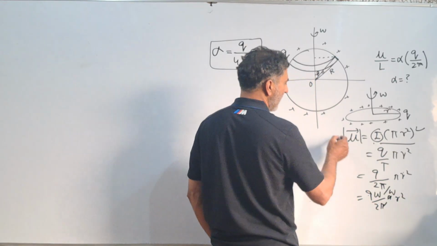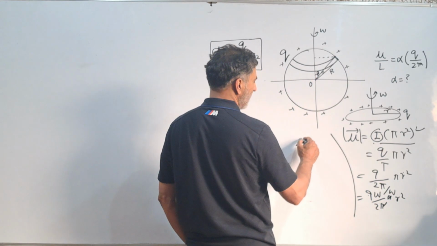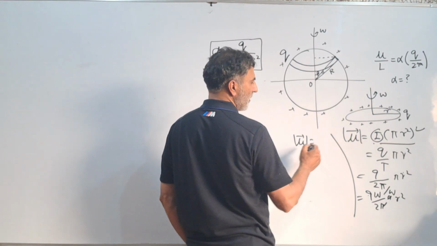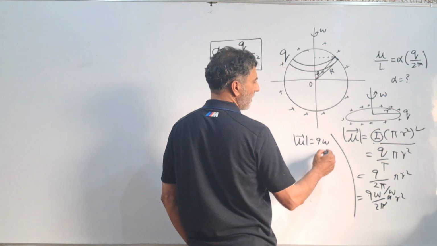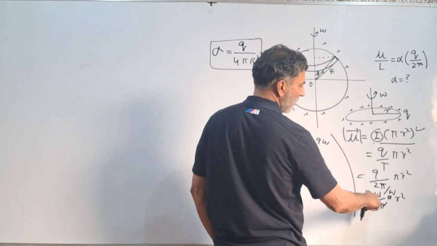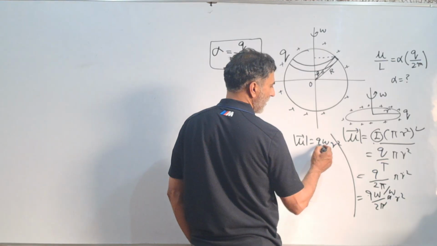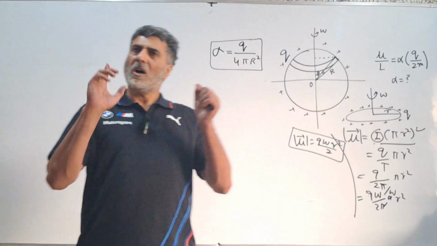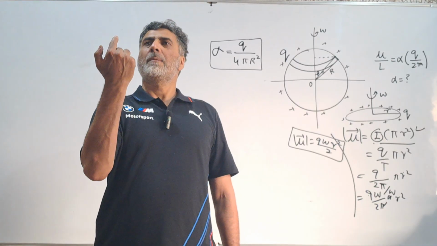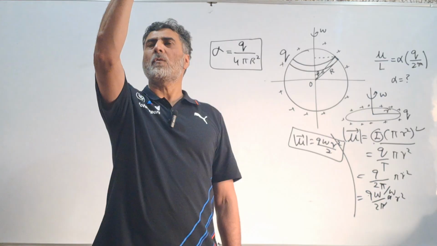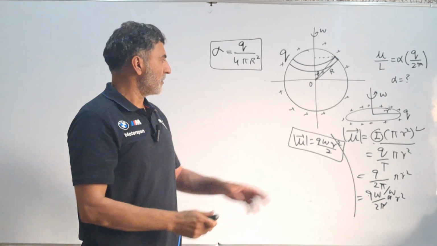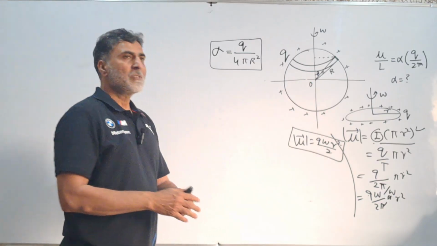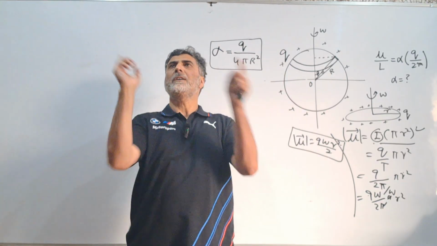Pi gets cancelled and you get for this magnetic moment for a charged ring rotating with omega is equal to q omega r square by 2. This is the formula for a charged ring. So if a charged ring rotating like this produces magnetic moment in the upward direction perpendicular to the plane of the ring, and its magnitude is this q omega r square by 2. This I will use here. So now we have a sphere, a big one. It is rotating.